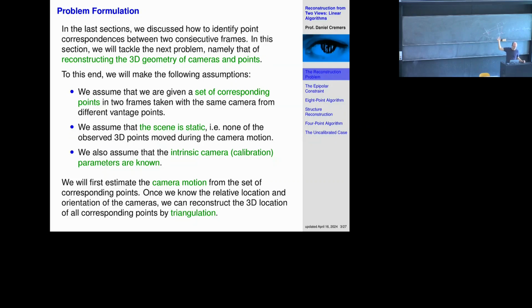So we assume, as it's said here, that we're given a set of corresponding points in two frames, taken with the same camera from different vantage points. Then, in addition, the second assumption we obviously make here is that the world that we want to reconstruct is static. That can be achieved in two ways. If you're dealing with a moving camera, you have to really assume the world doesn't move.